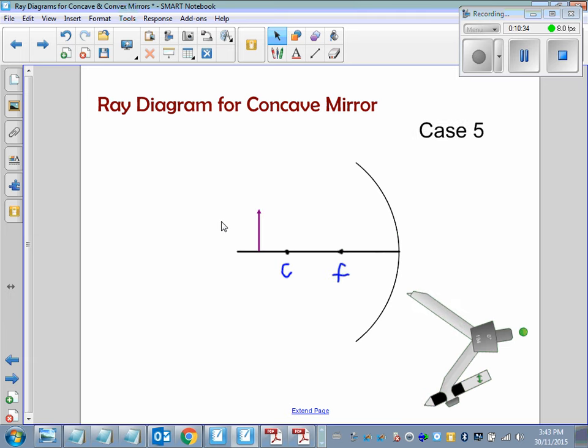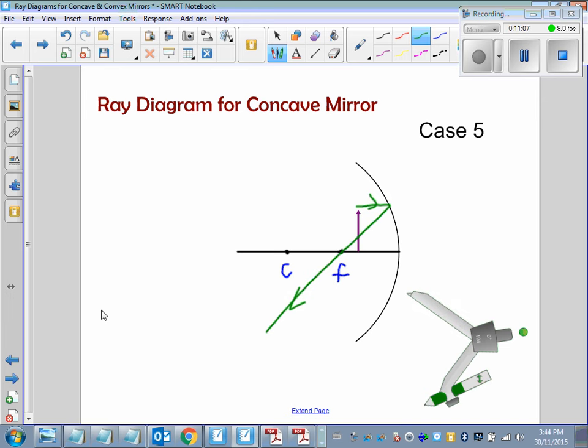Case 5, the final case, is when we move that object inside the focal point. Sometimes students have problems with this one, one of the reasons being it's much harder to visualize some of our normal rays. So I'm going to take 2 rays, and this time I'm going to start with the same one: parallel to the axis, reflected through the focal point.